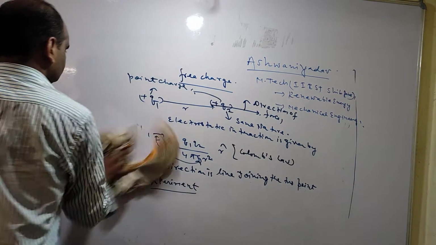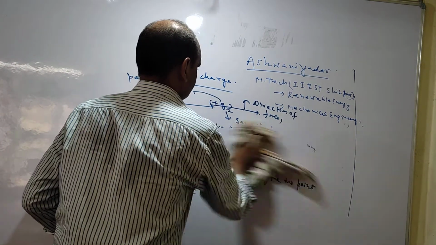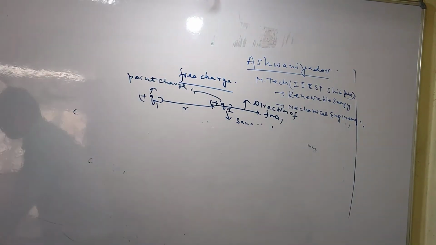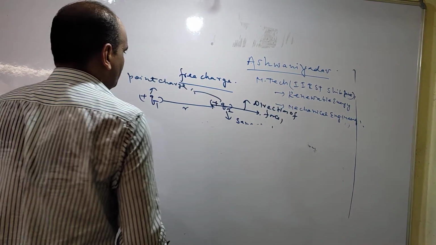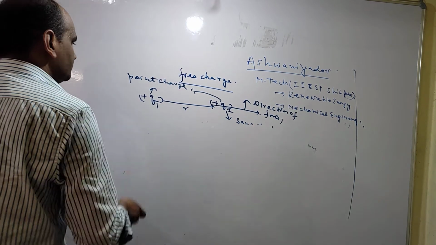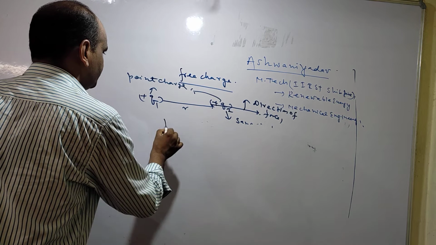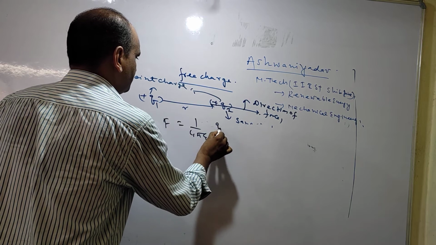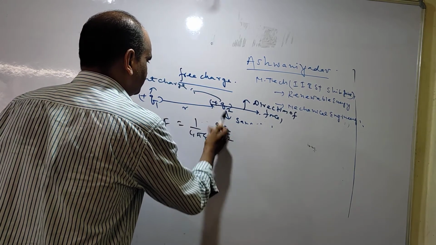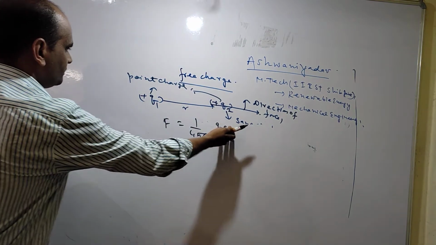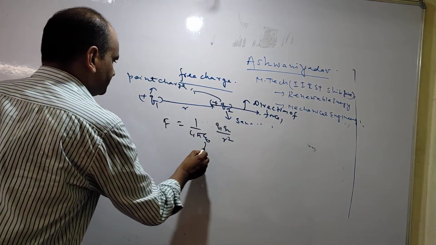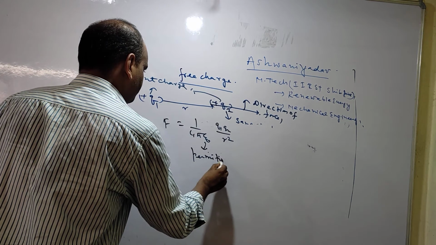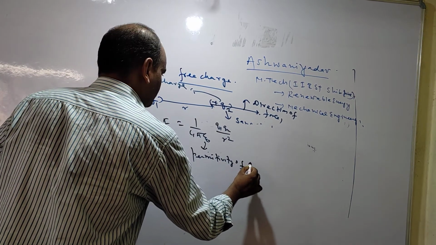This is basic, everybody knows this expression of the force, and I am just trying to emphasize one thing: the force has 1 by 4 pi epsilon naught, q1 and q2 and r square. The terms q1, q2 and r square distance have their exact meaning, but this term is the permittivity of the given medium.